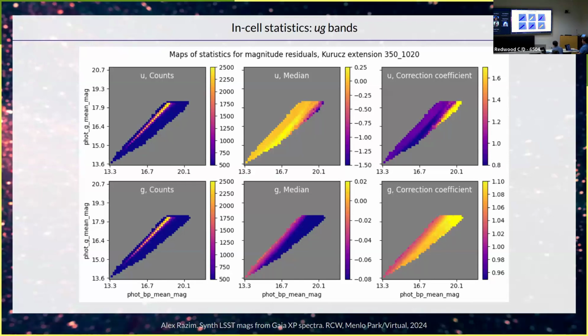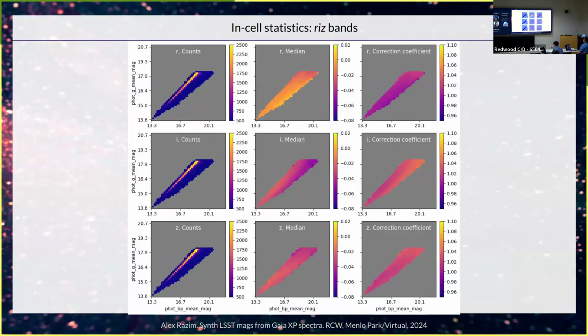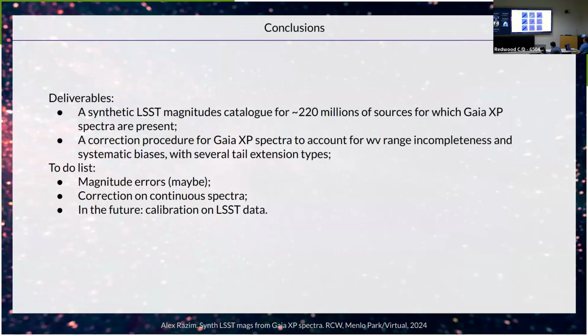And actually for all bands except for the U band, the correction coefficients and the median residuals are pretty smooth. The only issue is with the U band, where there are regions of significant differences between these median residuals, which is mostly related to the low quality of the data, of course. So the RYZ bands are pretty smooth.